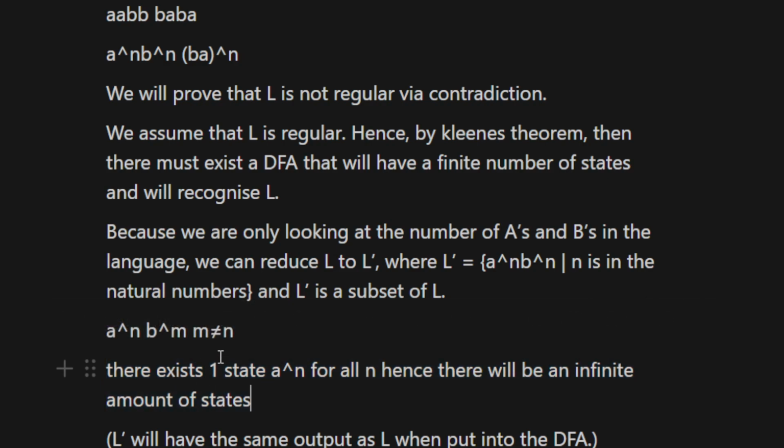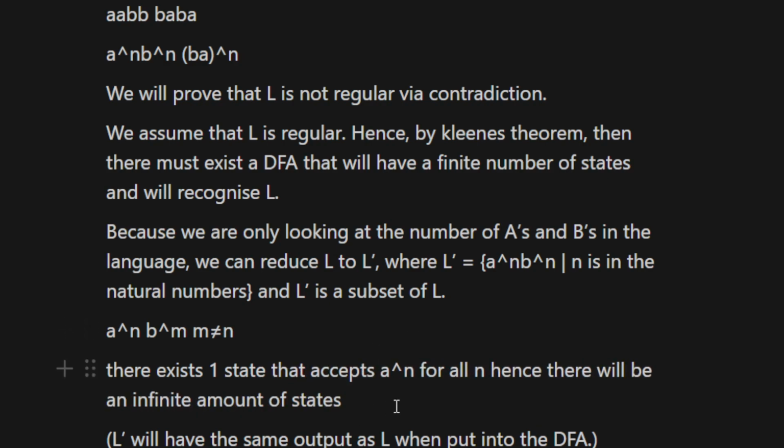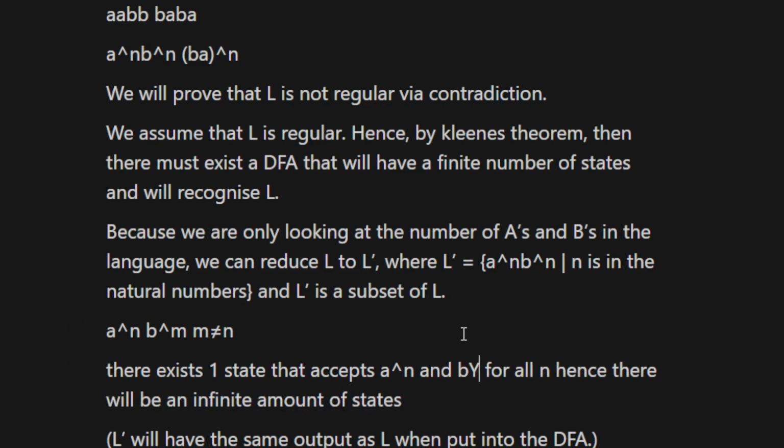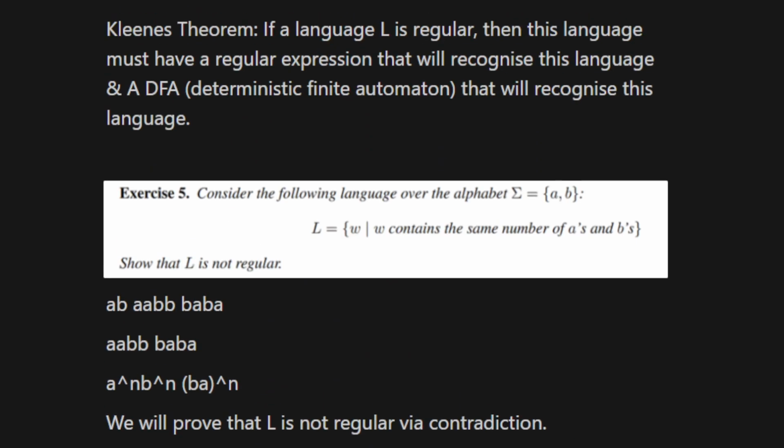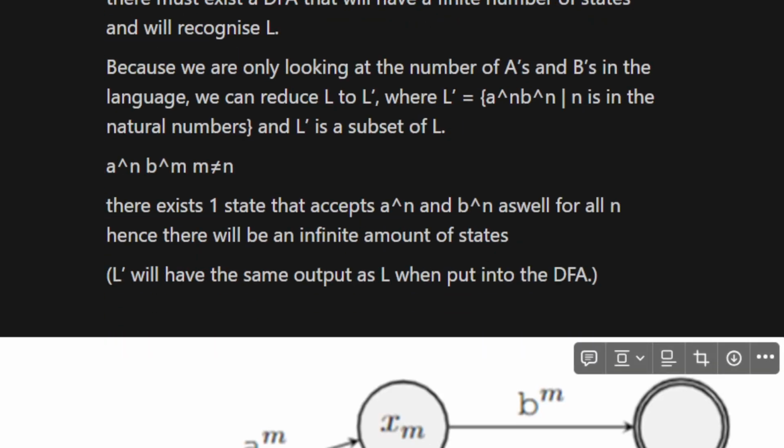There exists one state for a to the power of n that accepts a to the power of n for all n, and b to the power of n as well, because if it was just a to the power of n, then it'd just be a star, but we also have b to the power of n, which is a bit different. By the way, if you are confused by this, it is not for this specific approach. I'm just showing you a DFA that you can utilize and draw to visualize it. Hopefully that makes sense. Make sure to ask your questions in the chat.